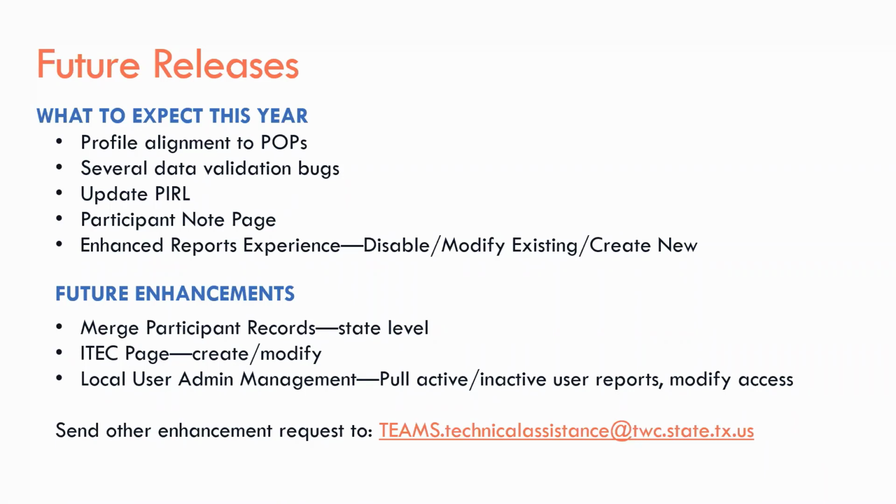So we are looking at options to basically put a layer of oversight and control on who has access to student information with you guys, to say, well, Jane Doe needs access to the system, and providing you the capability to manage that at the local level, or at a minimum, pull a report that says these are all the people that have access to grantee data. So we're still fine-tuning all of that, but that's going to be a really big project and a big system change in Teams.